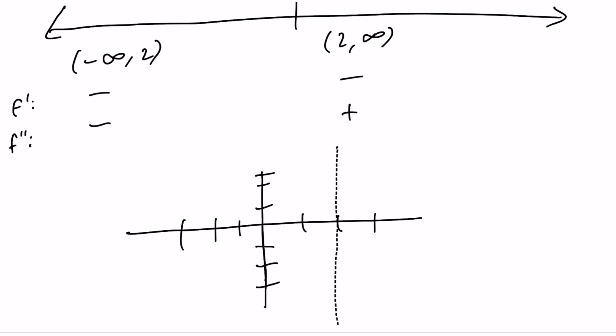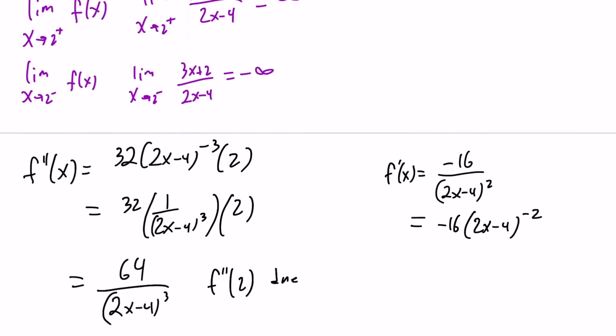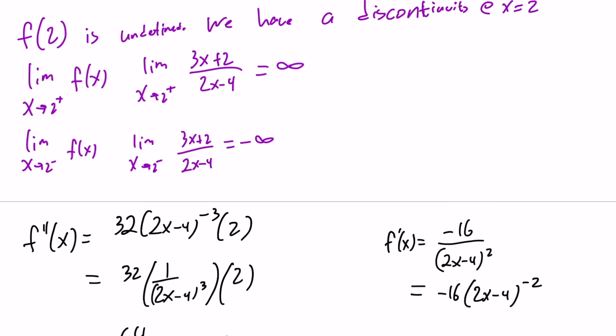Because we know about how the function behaves at x equals 2, we found that, let me scroll back up here, as x approaches 2 from the right, the function approaches positive infinity, and as x approaches 2 from the left, the function approaches negative infinity.